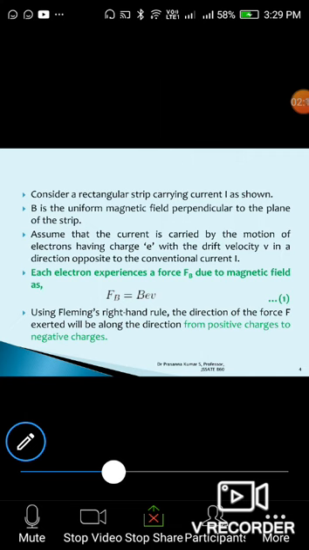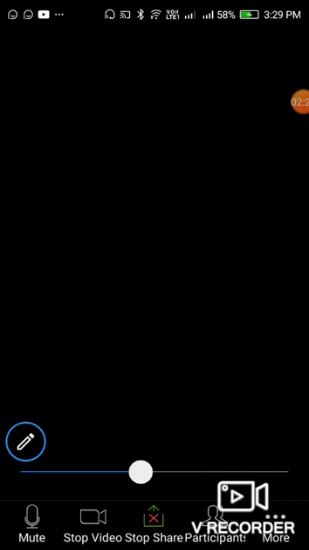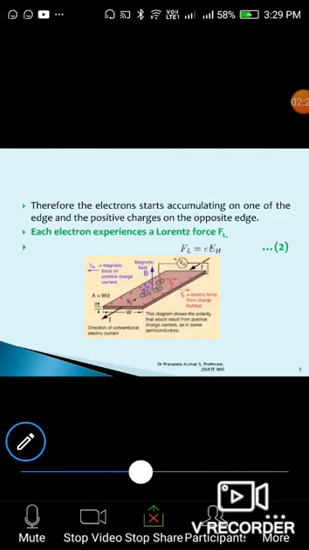This is the force experienced by the electron under the magnetic field, and there is a current going through the conductor I. Therefore, that will create another field called the Lorentz field, given by FL equal to e times EH.